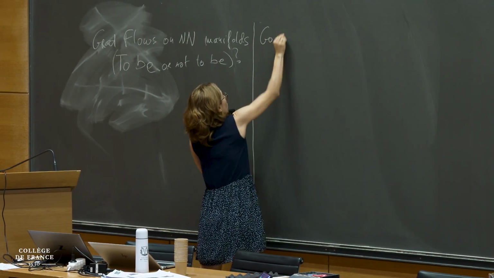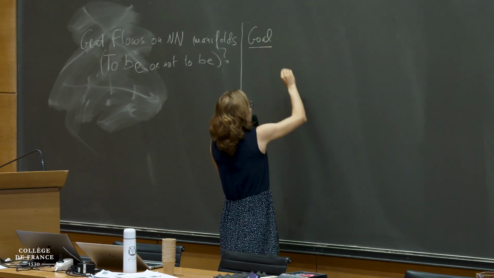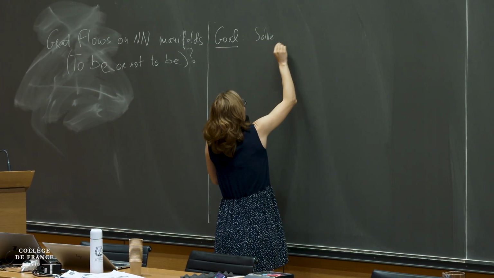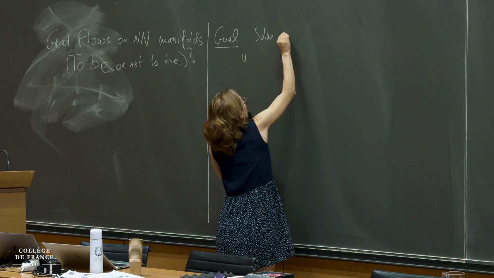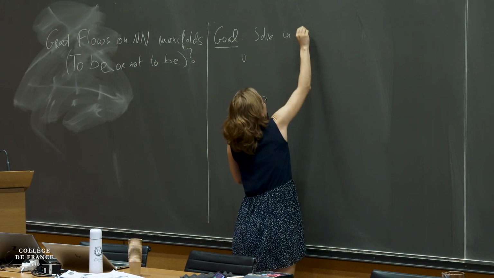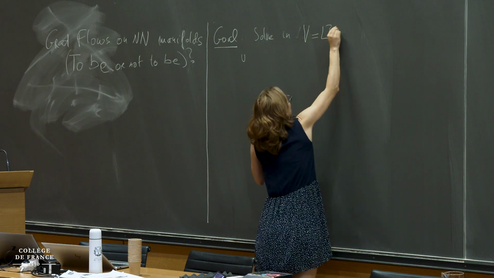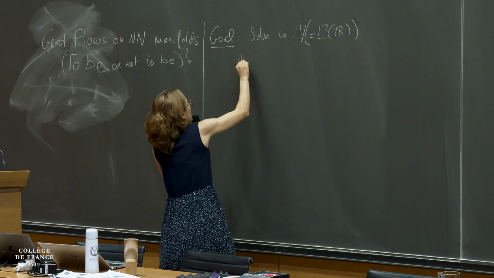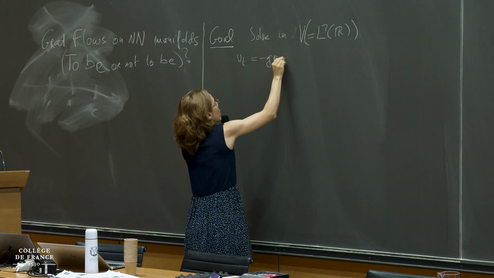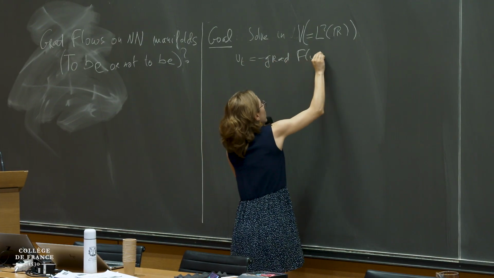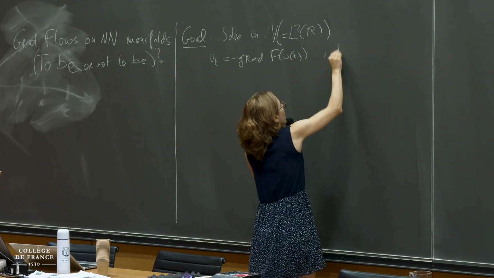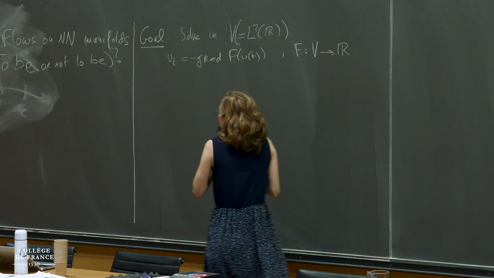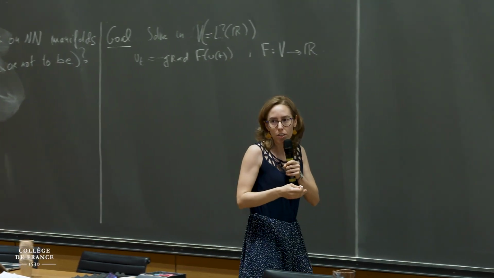So the goal is that we are interested in the dynamics of solving, in fact in a Hilbert space, which is about to become very quickly only L2 of R, a gradient flow given by this type of dynamics, where f is going to be a function from my Hilbert space to R. It's going to be my energy function.